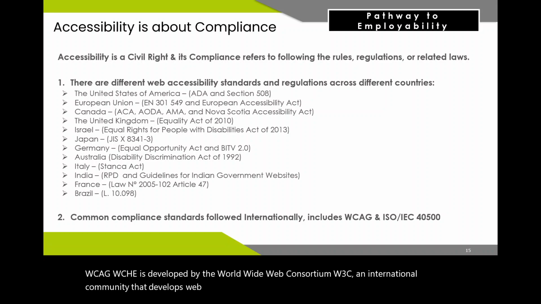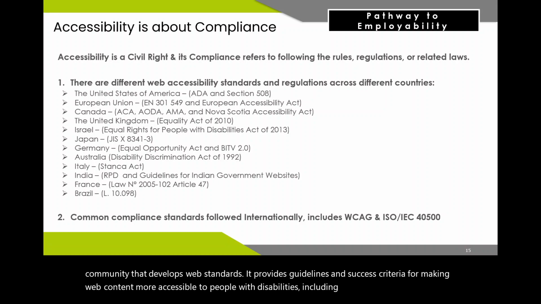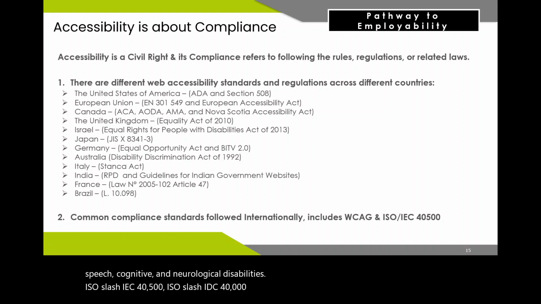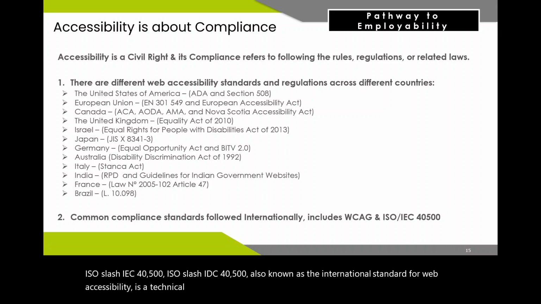It provides guidelines and success criteria for making web content more accessible to people with disabilities, including visual, auditory, physical, speech, cognitive, and neurological disabilities. ISO/IEC 40500, also known as the International Standard for Web Accessibility, is a technical standard that defines requirements and recommendations for web accessibility.